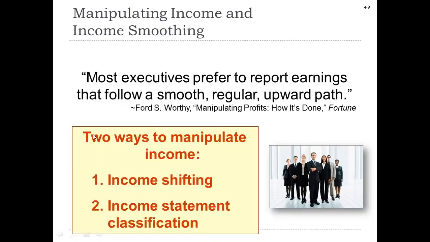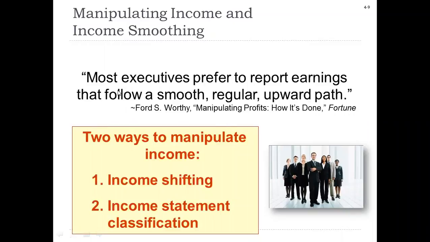So companies sometimes manipulate their income by trying to shift income from one year to another, so that the income does have this nice smooth upward path. Wall Street investors prefer to see that kind of a earnings trend, smooth and upward.